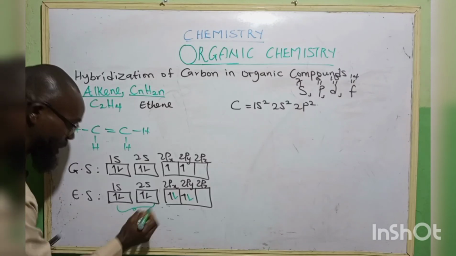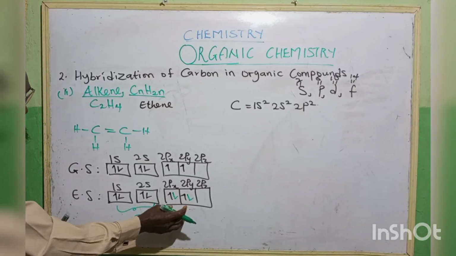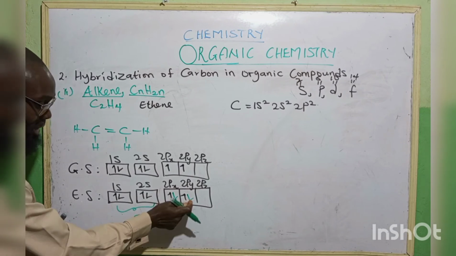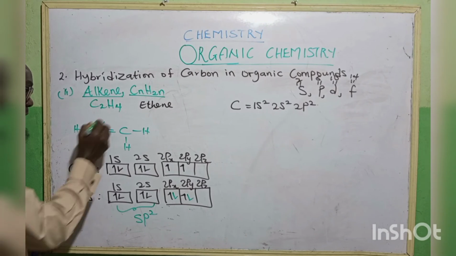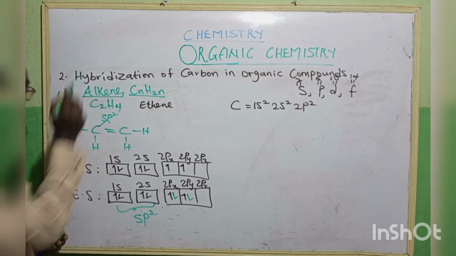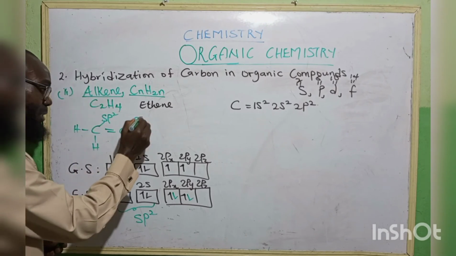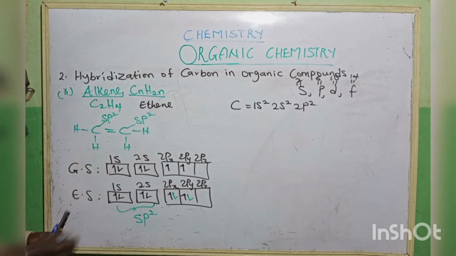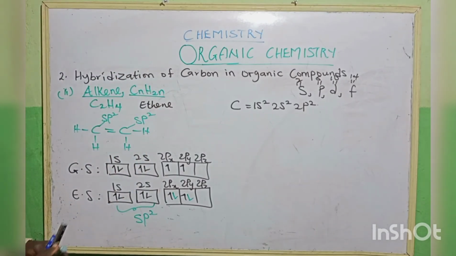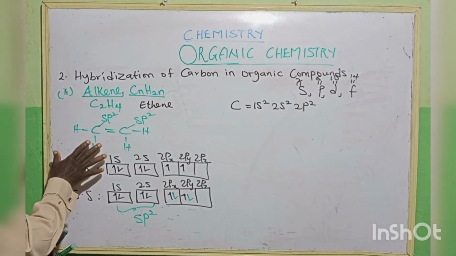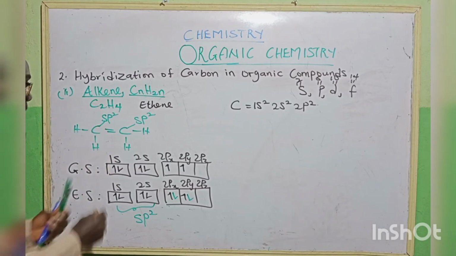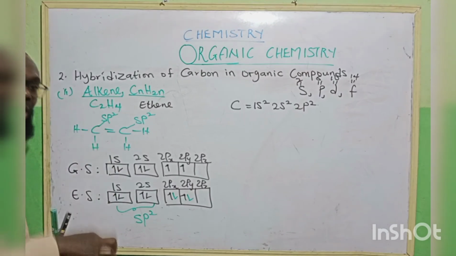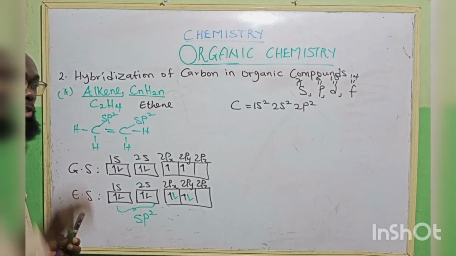Then we have p. So how many bonds do they form in this p? We have 1 and 2, that is 2. So which means this carbon here is sp2 hybridized. This is the way to get the hybridization of carbon atom in C2H4. So any compound that is bonded together by double bonds, their hybridization is always sp2.